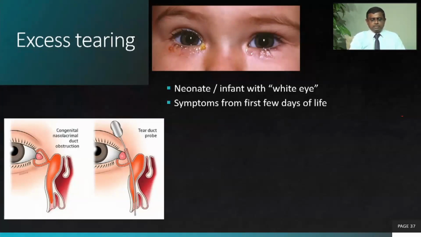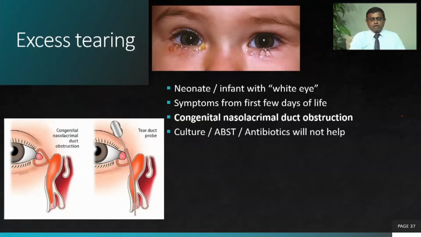So here again, no antibiotics required. Culture and sensitivity will not help because it is not an infection, and you can advise the parents to massage the nasolacrimal duct from top to the bottom. And cleaning of the discharge can help to alleviate the symptoms.